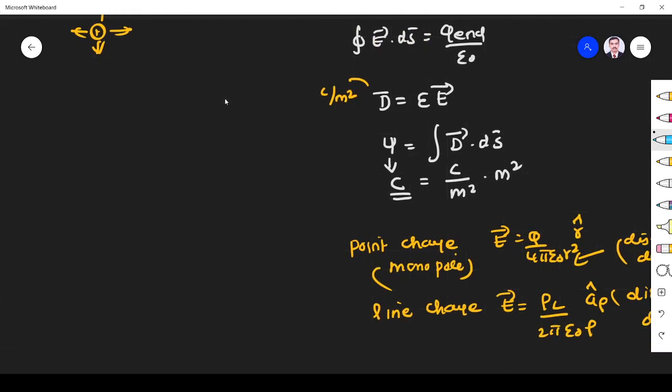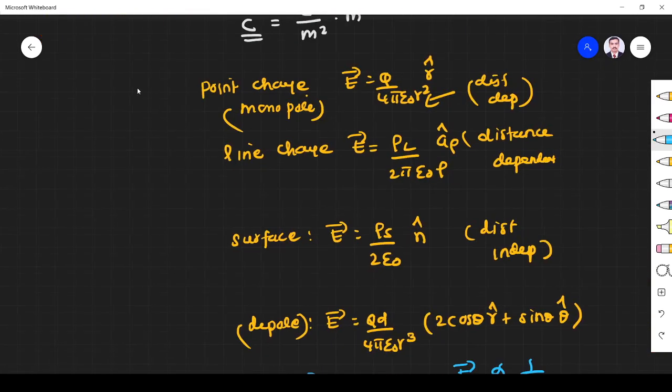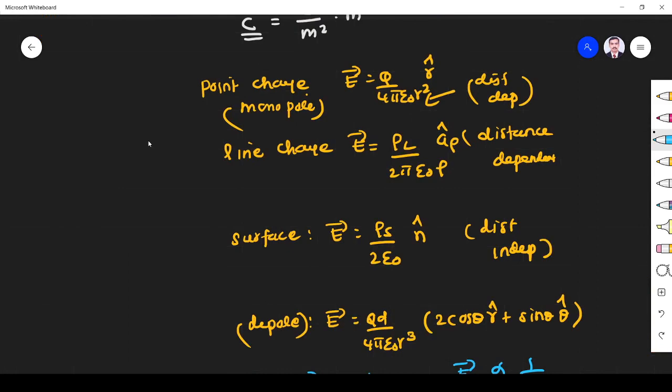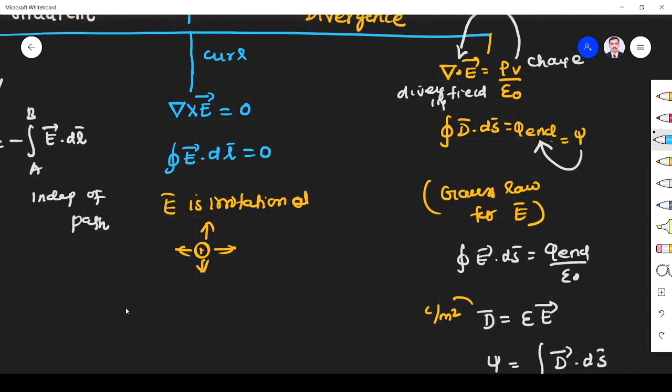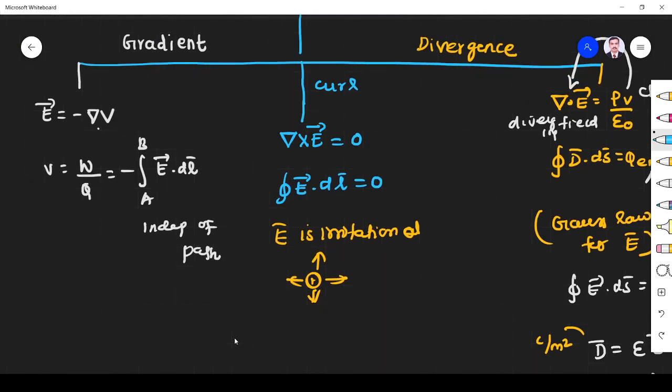Next. So we know electric field is a vector quantity. It is very difficult to deal with a vector like this, and the mathematics will be complex. So we need one parameter which is a scalar and which represents the electric field. That is potential.